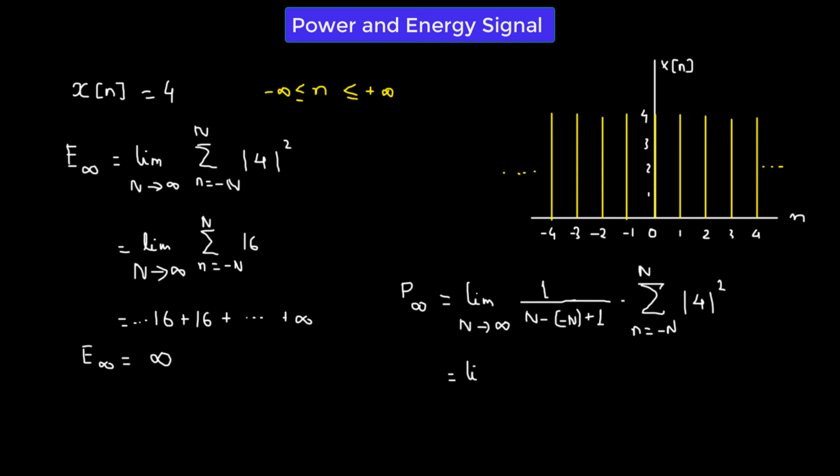So that gives us the limit as n goes to infinity of 1 over 2n plus 1 times the summation of 4 squared.